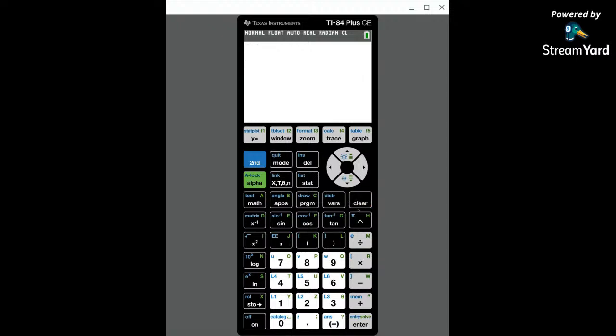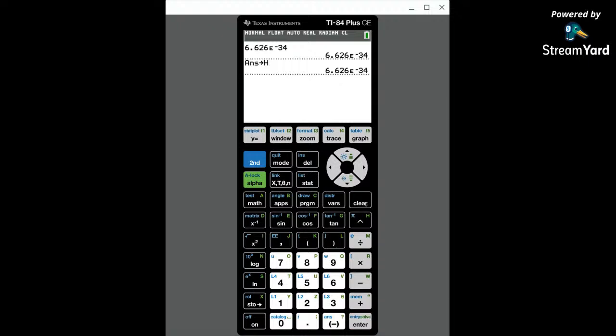Another value is Planck's constant, which is 6.626. Sorry, 6.626. And then E to the negative 34th. So I type that in first, hit enter. So it spits it out on my screen. Store. And I'm going to do this as alpha H, because that's the symbol that we use for Planck's constant.